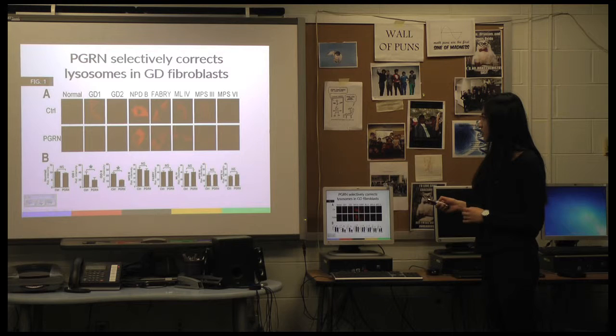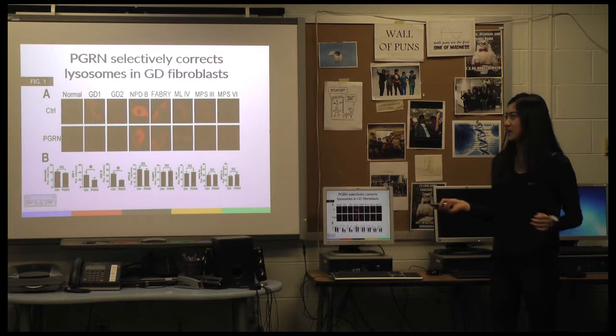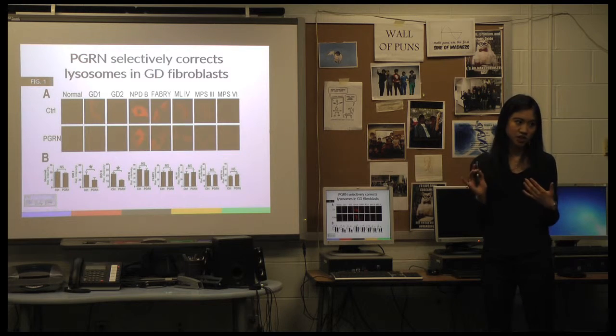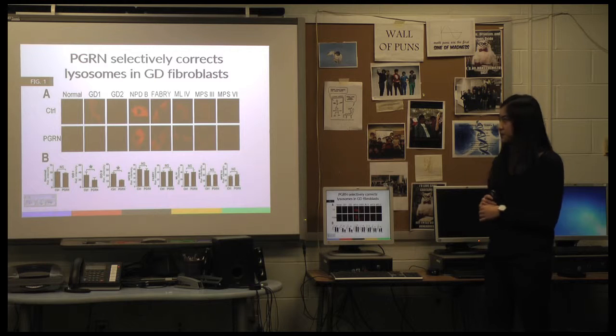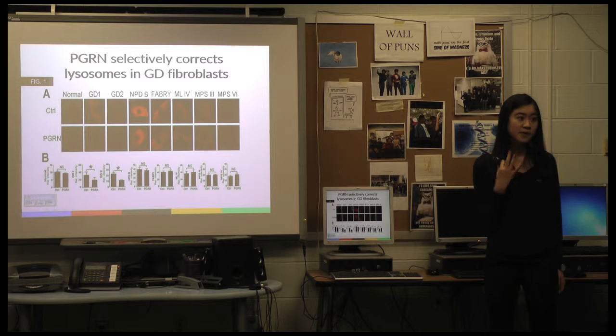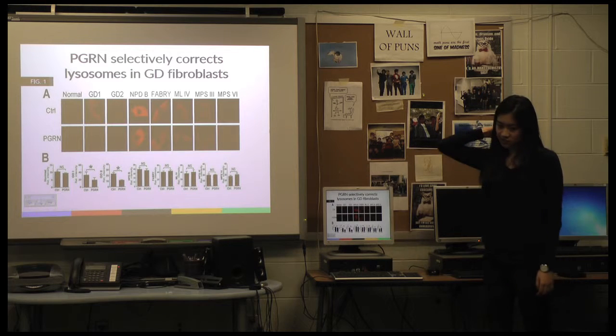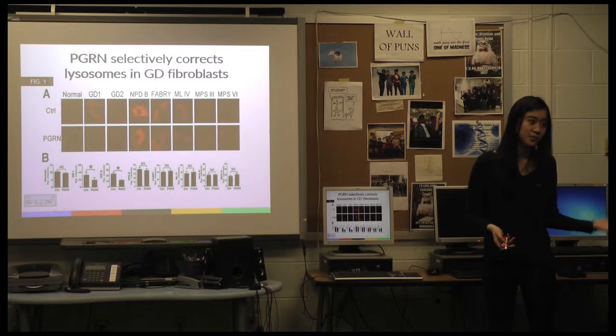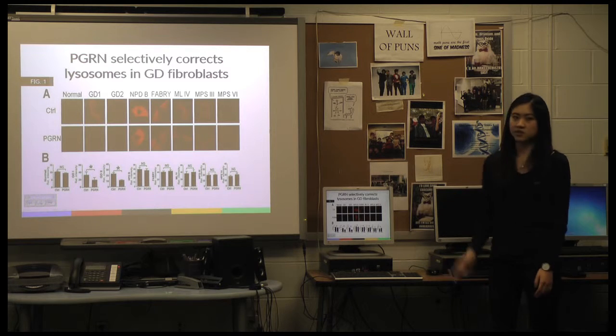So this is Niemann-Pick disease, Fabry disease, and a few others; I forgot the names of those off the top of my head. But these are all different ones. So they all have a different mutation, except for Gaucher disease. Gaucher disease actually has 3 types, which range in severity, type 1 being the least severe, but the most common, like 95%. So we mainly focused on Gaucher disease 1.